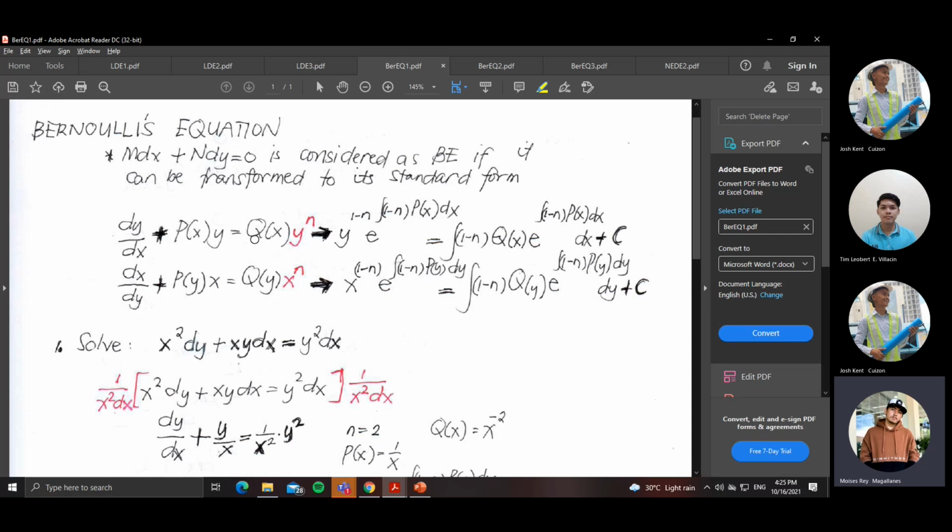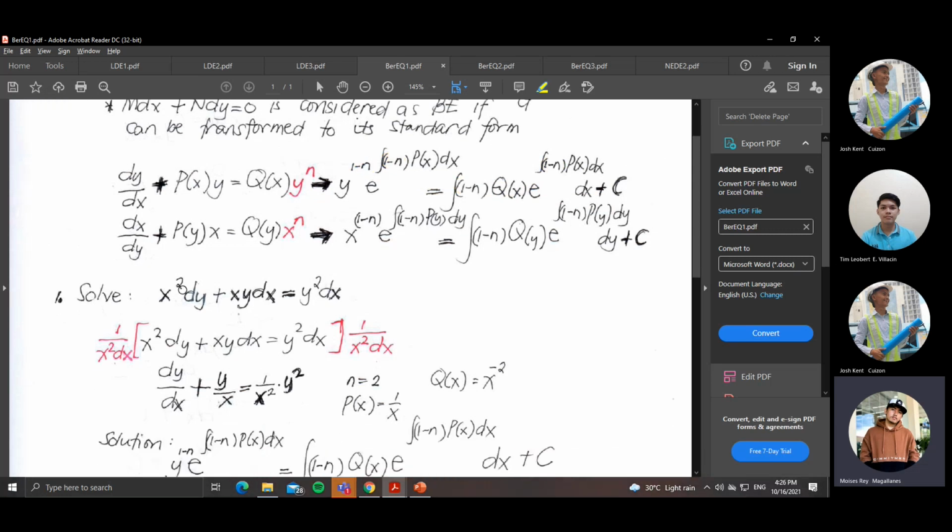As you see, the standard form is almost the same as the linear one, with just this difference. This is what makes it Bernoulli. And our general equation also has the 1 minus n in its parts. To understand, let's first solve this example.